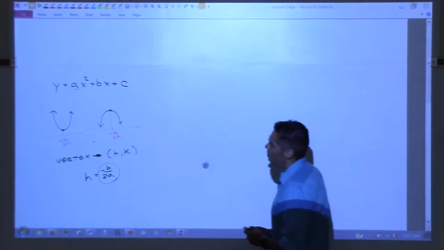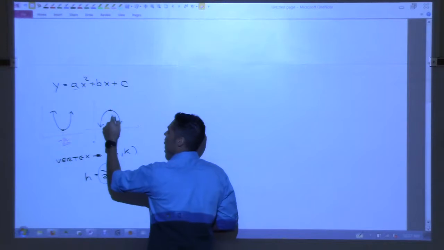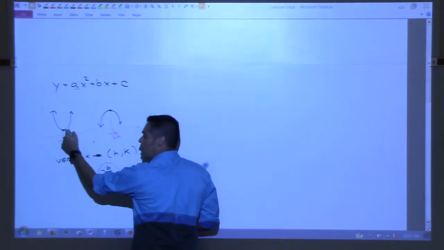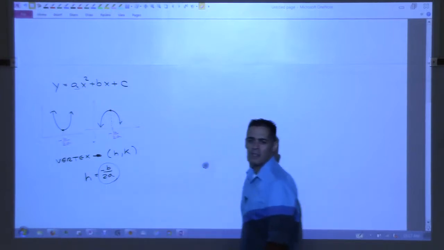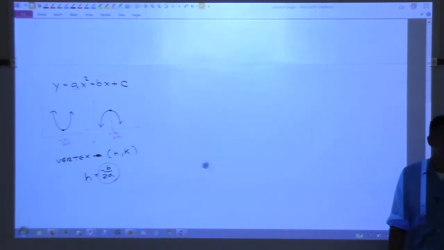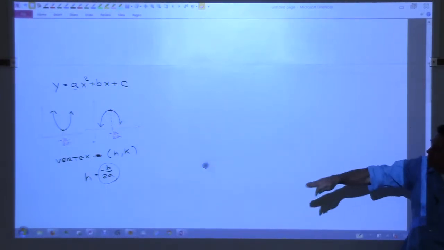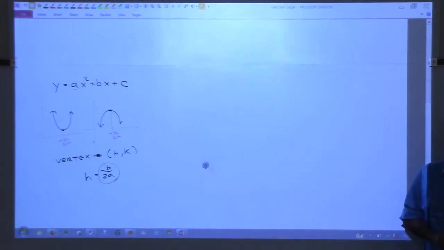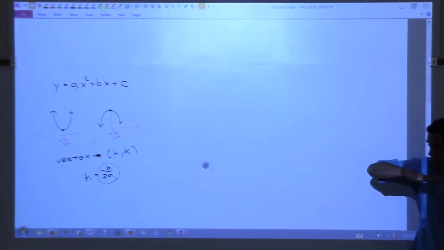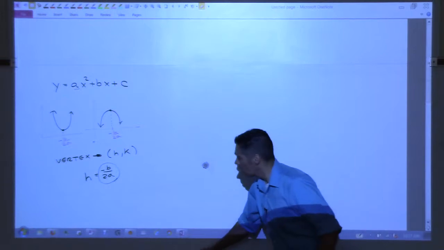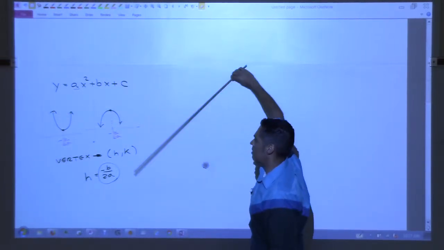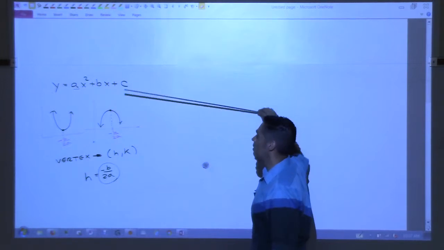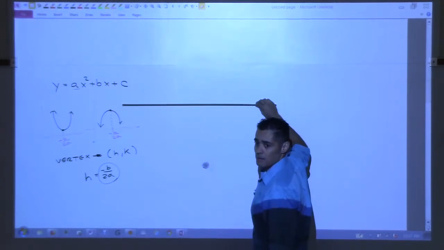If I have a parabola, and I would like to know the highest point or the lowest point, in both of these cases, what can you tell me about the slope of the tangent line? If you're at the highest point or the lowest point on either one of those, what is the slope of the tangent line? It's horizontal. What is the slope of a horizontal line? Positive slope, negative slope, 0 slope, right?